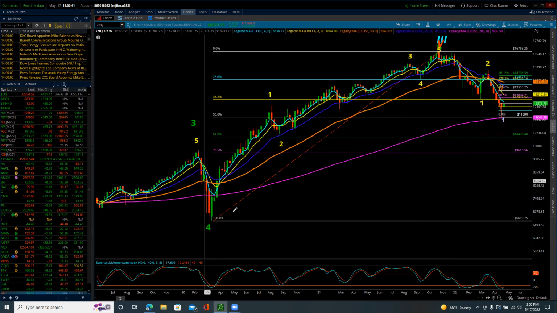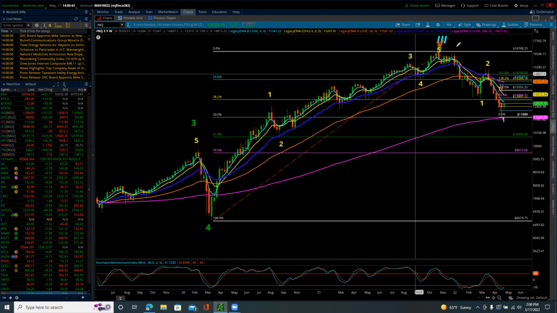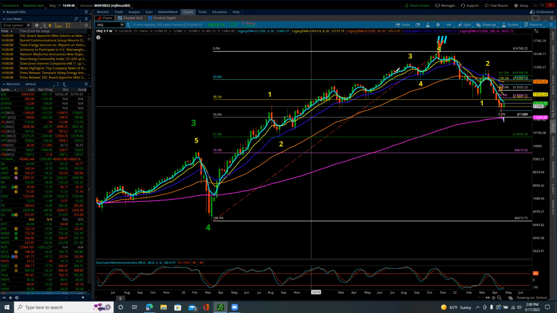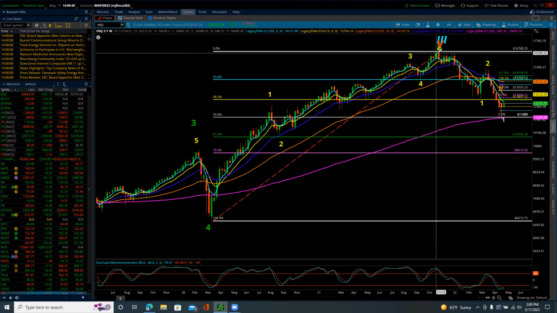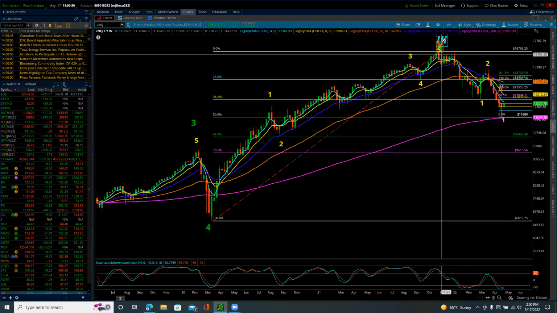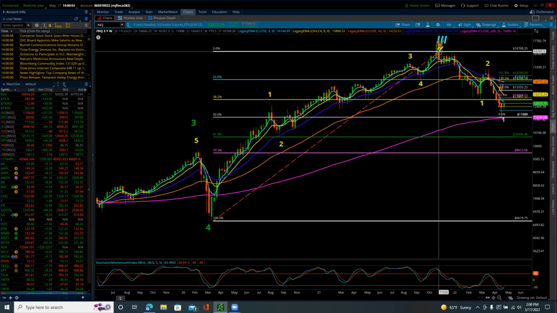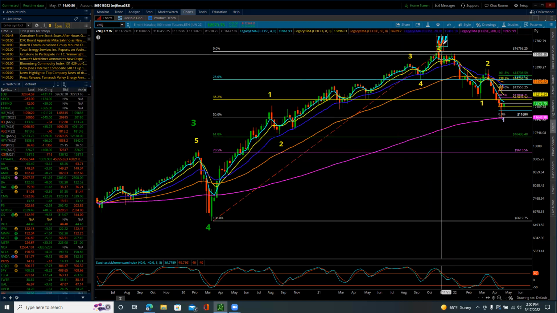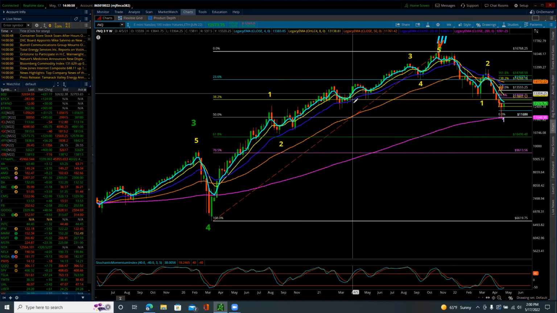So again, I've now run some Fibonacci retracements, low to high, to cover cycle 5. Intermediate 5 sits within it and cycle 5 is above it.